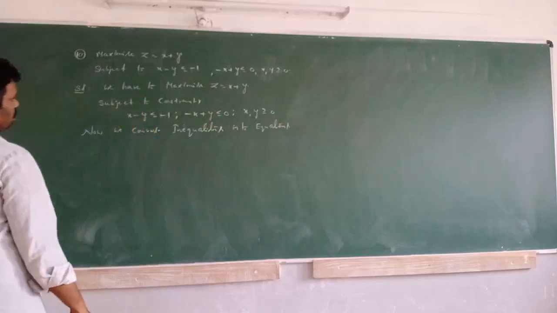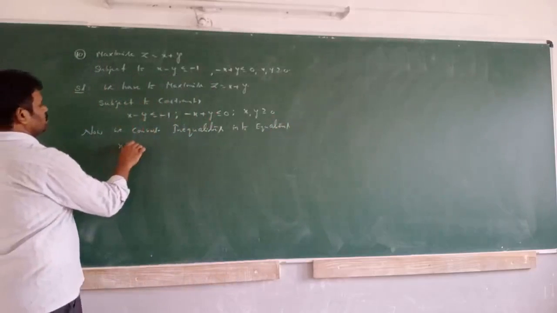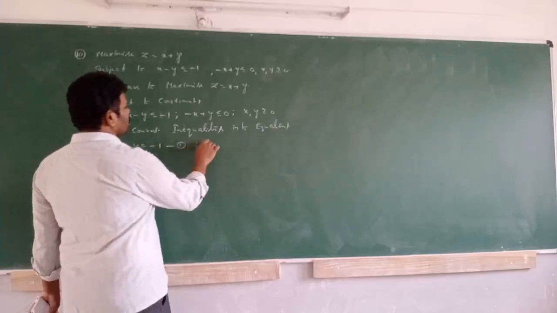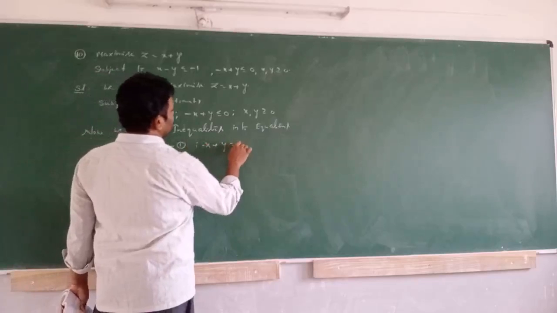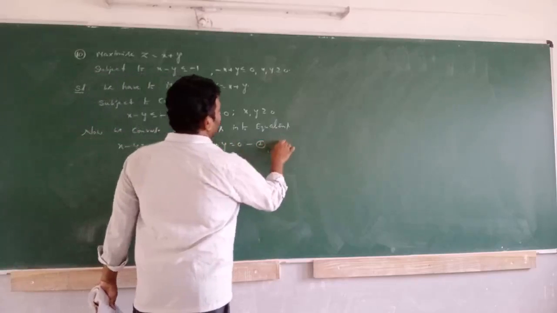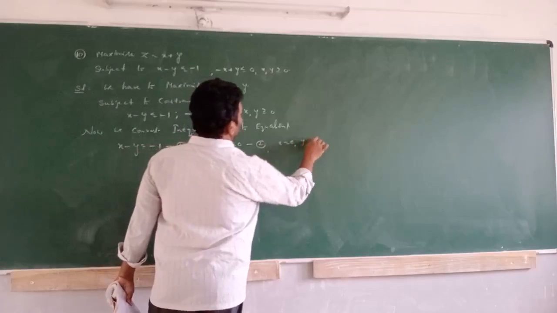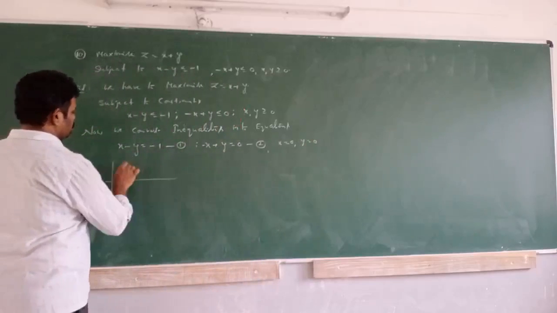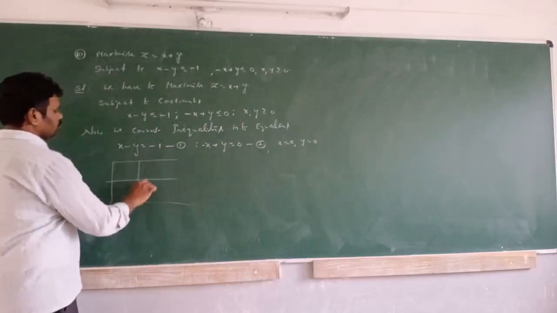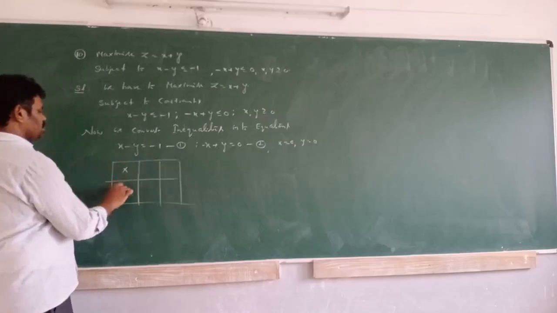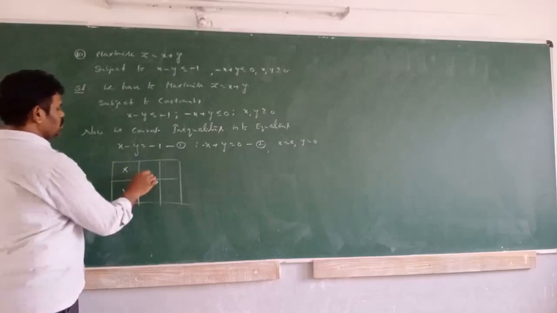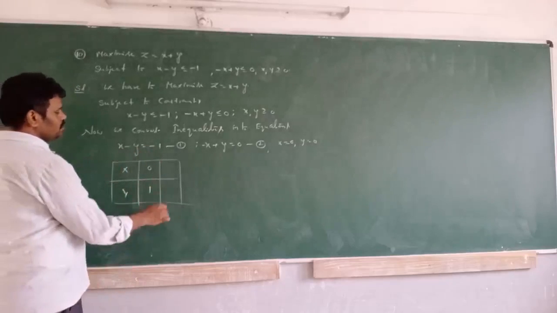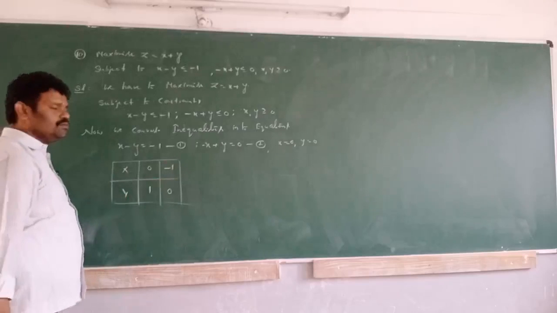Now see, x minus y is equal to minus 1, and another one, minus x plus y is equal to 0, and x is equal to 0, y is equal to 0. Those are the line equations. Now we want to solve this one. Suppose x is equal to 0, then y is equal to 1. Y is equal to 0, x is equal to minus 1.